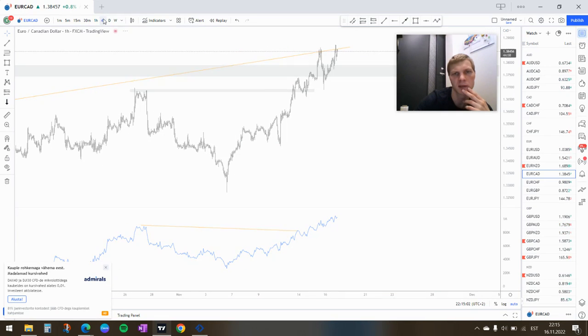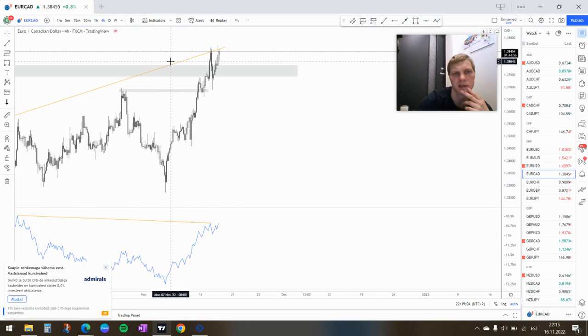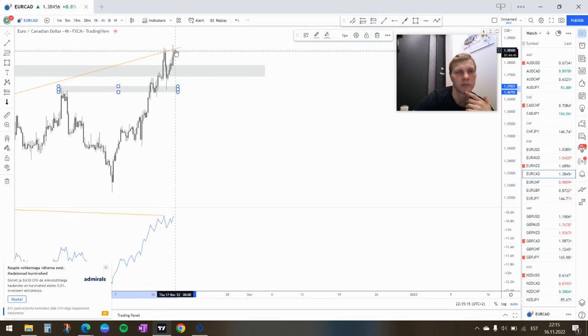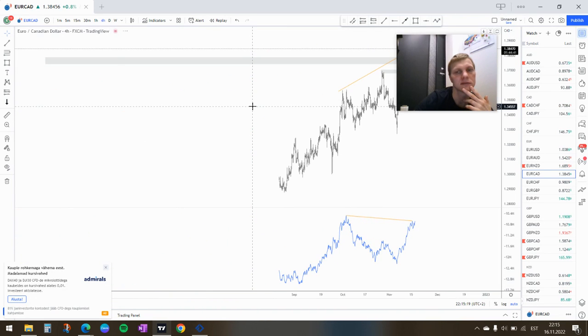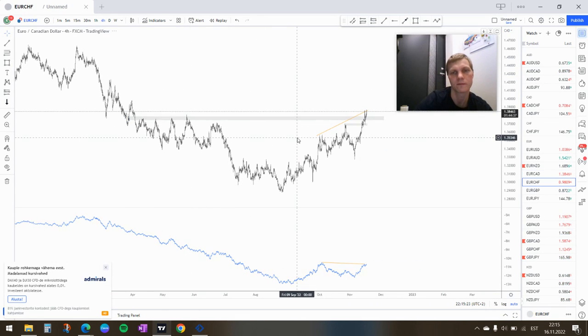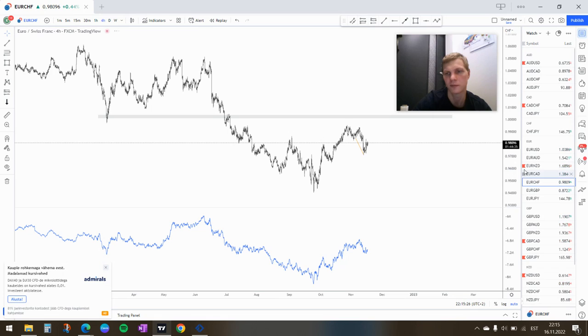And now it's making a very interesting double top here. So I'm not going to take it right now because it's still upward momentum. But if we get a bearish engulfing candle here, then I'll take the trade, I think. Because this is very interesting. Yeah, I have to keep an eye on that.